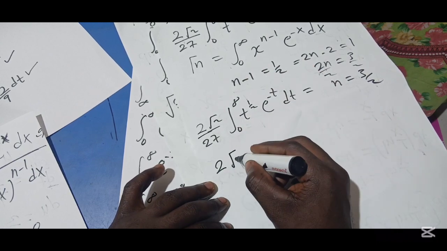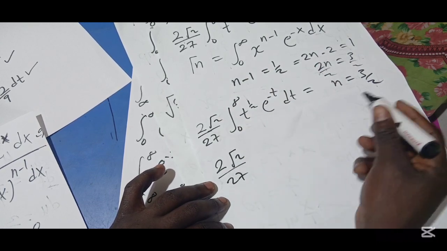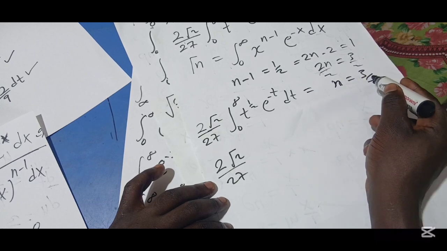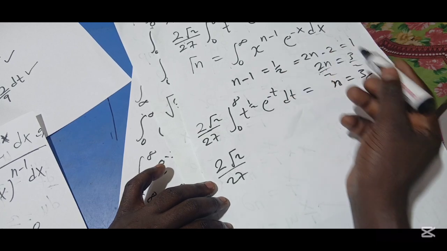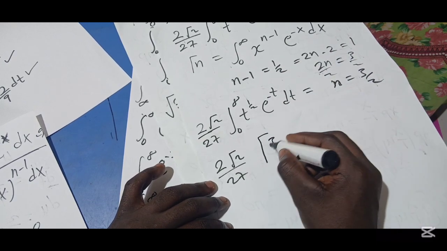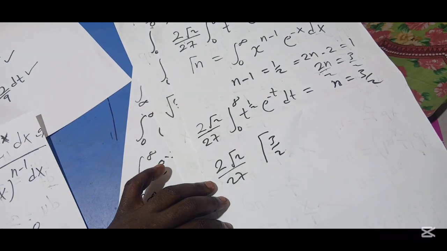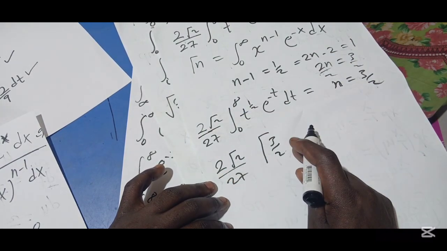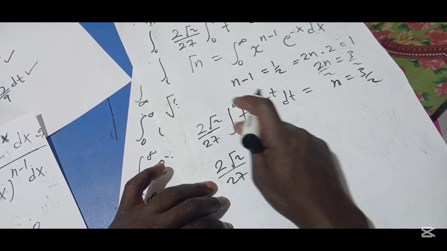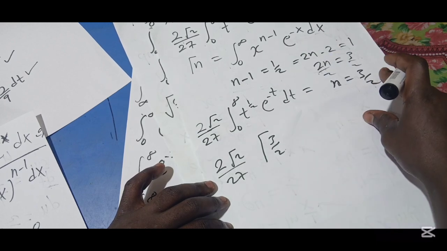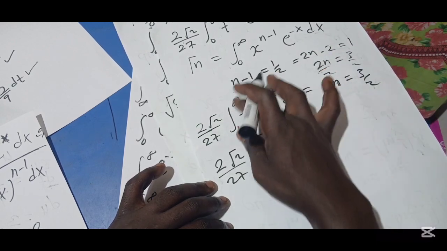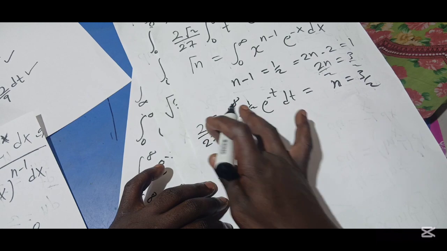So 2 root 2 on 27, and the value for n now is 3 on 2 for this problem. So gamma 3 on 2. So this whole thing equals this. So we know this thing is gamma n, and we already calculated our n, which is 3 on 2. And now gamma 3 on 2 multiplying this constant.